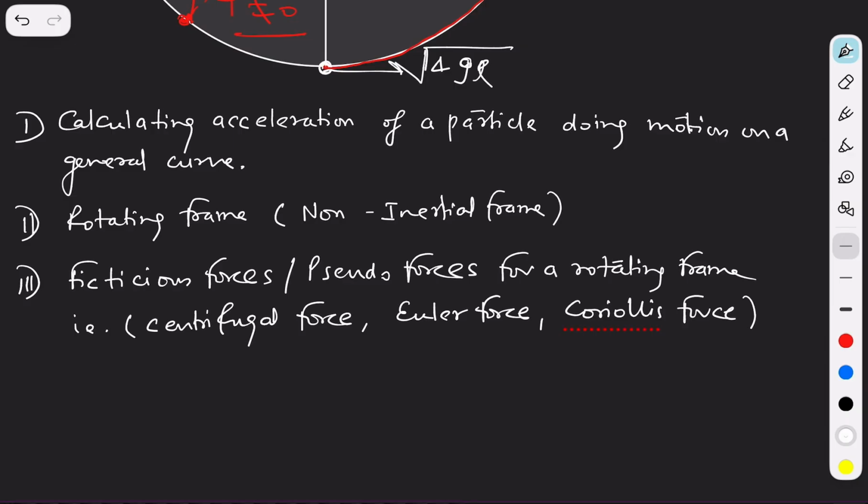So guys, this is the content that we are going to cover, and of course after learning all this stuff we will see a lot of problems on that maybe in a few more lectures. So this way we are going to complete our circular motion chapter. In a very detailed fashion, guys, I'm covering this whole chapter so that in and out everything you should know.